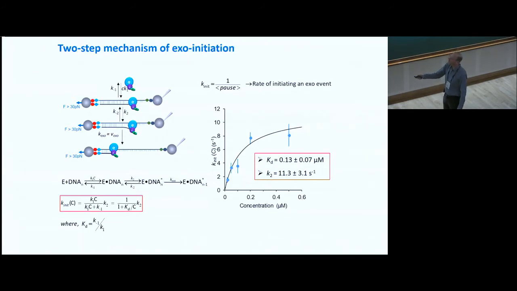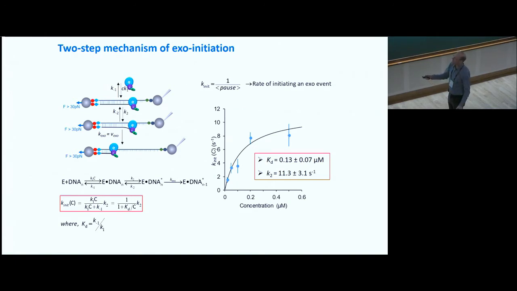And that is, of course, proportional to concentration. The more you have in solution, the more frequently it binds if the site is open. And then there's some K minus 1. After it binds bimolecularly, it has to go into a state that is competent for exonuclease activity. So there's some non-concentration dependent conformational change, and that rate is described by K2.